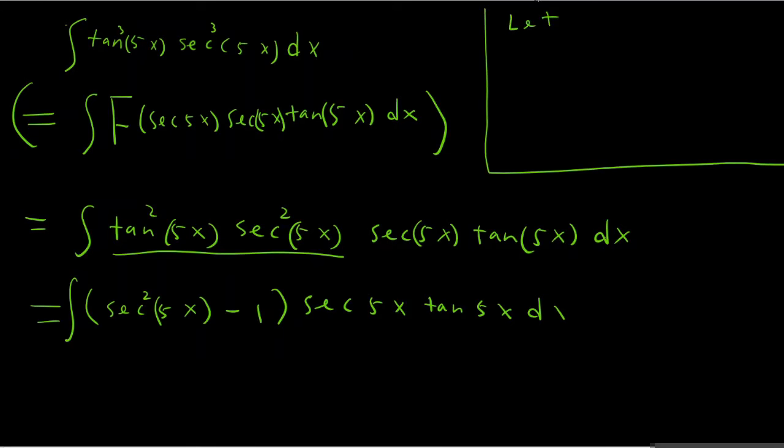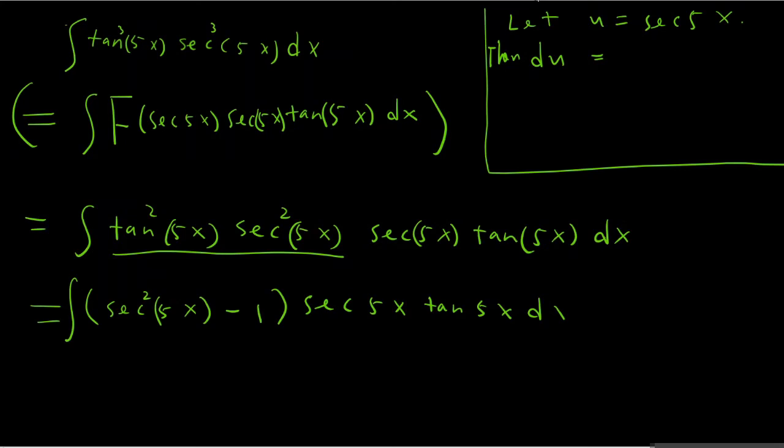You know the substitution for this tab. We set u to be secant of 5x, right? And then we compute du. Du is equal to the chain rule. You see the chain rule here again. The derivative of secant of u is secant of u times tan of u.